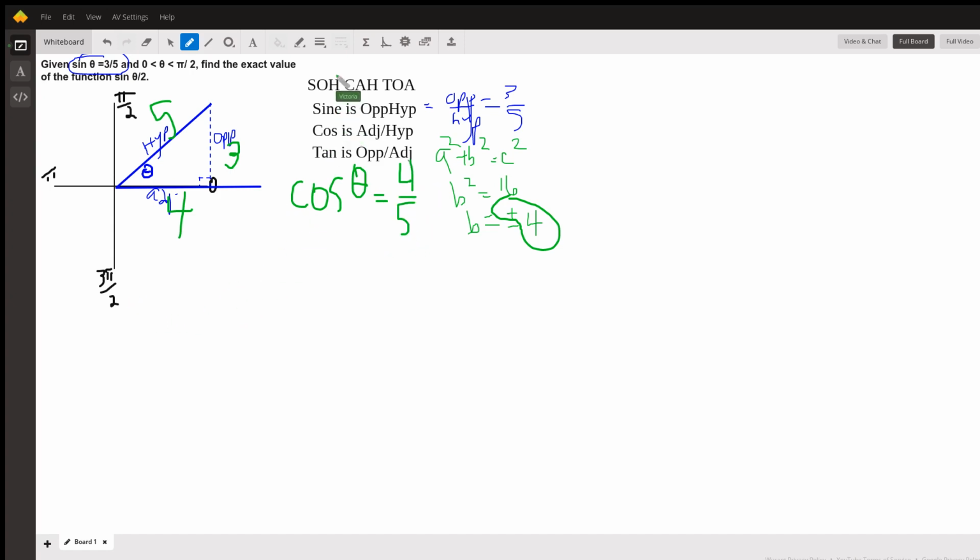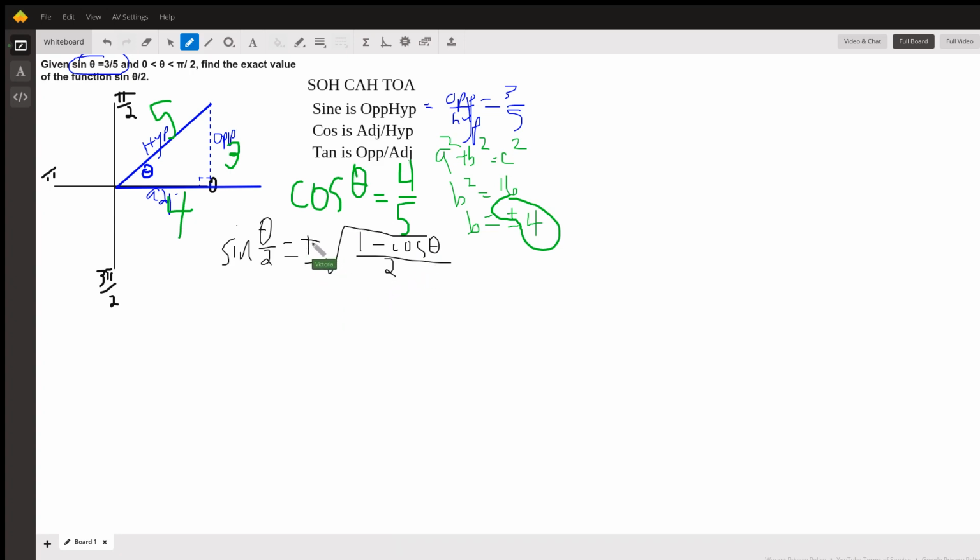Now, the reason we need it is because there's a formula to find the half angle. And it says that the sine of theta over 2 is plus or minus the square root of 1 minus the cosine of theta, which we just figured out right here is 4/5, all over 2.